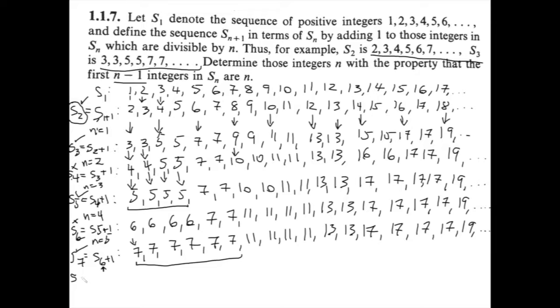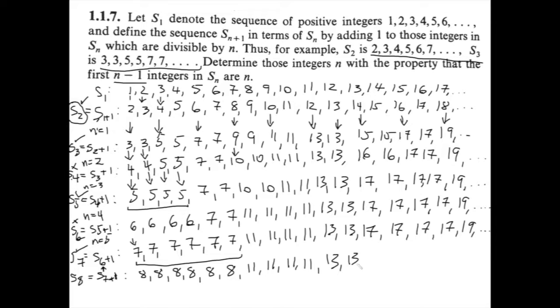Let's check out S8. S of 7 plus 1. Okay. If it's divisible by 7, we're going to increment it by 1. So obviously, all these 7s will increment. 11 is not divisible by 7.